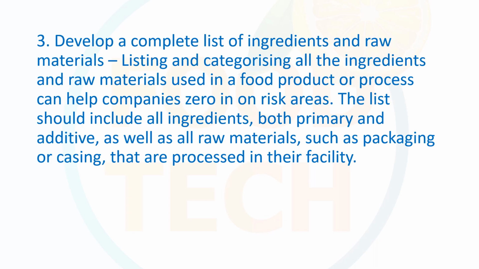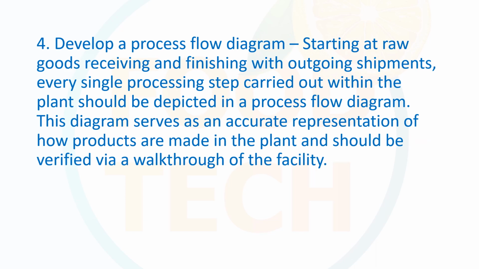Then the list of ingredients, which raw materials will be required, what risks they carry, if any, and what additives are used should also be considered. Then the flow sheet is made based on the entire process.